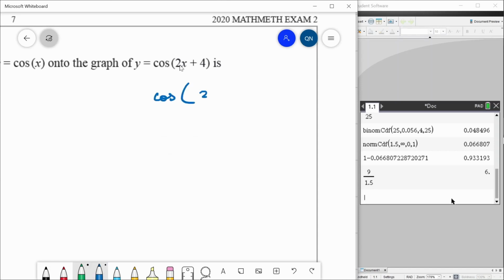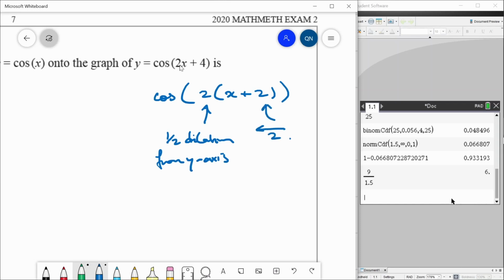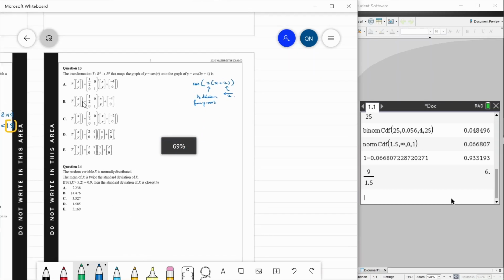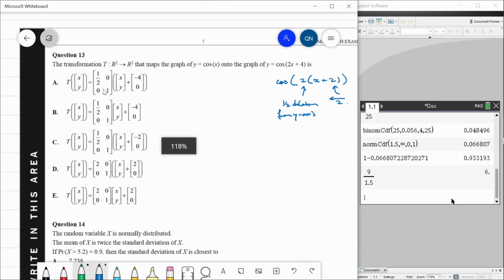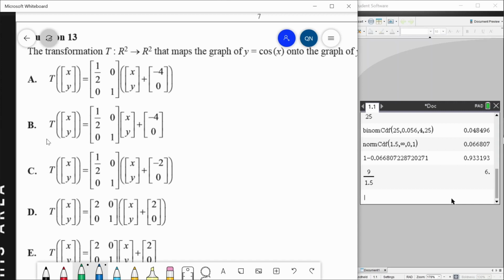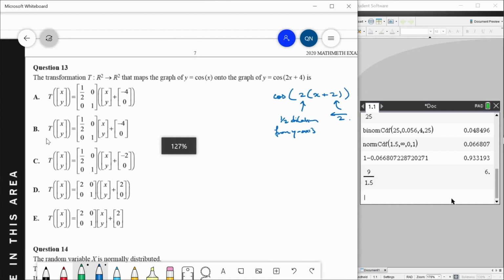So this is cosine. Let's factor out the 2. So we've got a 2 and then a plus x plus 2 there. So this is a dilation by half from the y-axis. And that x plus 2 there, this is a translation to the left by exactly 2 units. Okay, so we want to find the correct transformation matrix. And you might notice that some of these have brackets, which is a little annoying.